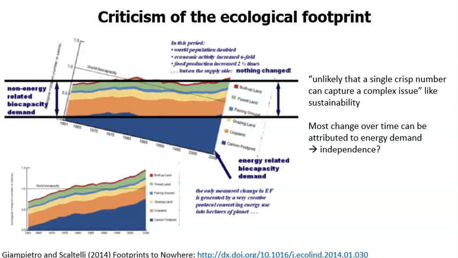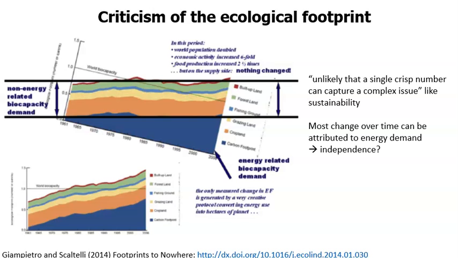And these different components are the built-up land, the fishing grounds, the different cultivated land types, grazing land, cropland, and forests, and the hypothetical land, especially forests, that would be needed to sequester all our carbon emissions. So here we already see that the ecological footprint is a very specific concept, because it tells us the hypothetical land that we would need to absorb our carbon emissions, which mostly actually stay in the atmosphere and in the ocean.